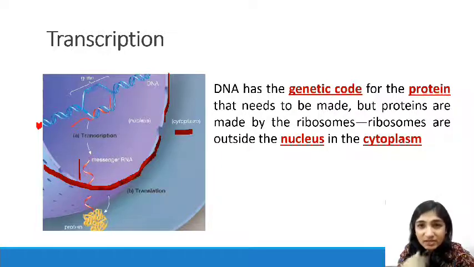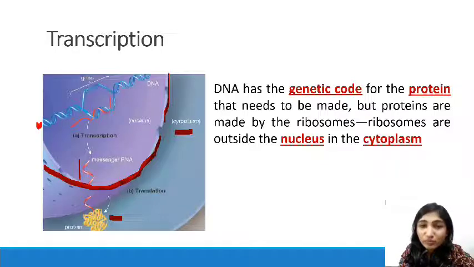Read here: DNA has the genetic code for the protein that needs to be made, but proteins are made by the ribosomes. The protein making process is performed in the ribosome, which is outside the nucleus.